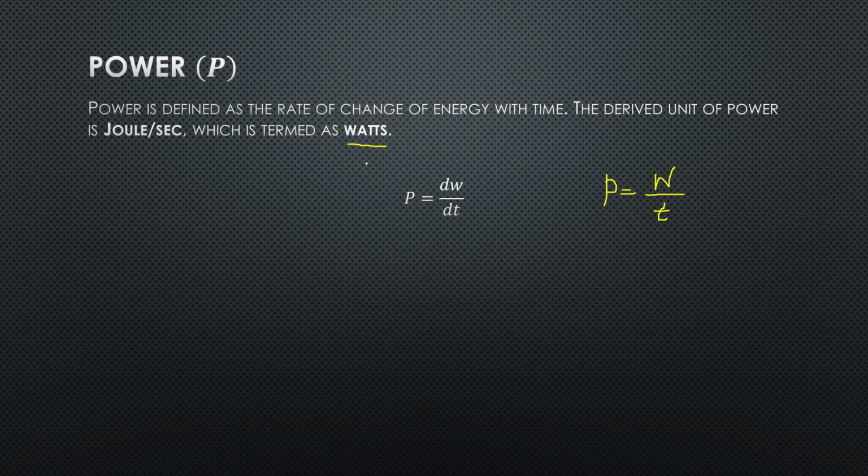And if current, voltage, and resistances are given in the circuit, you can use this formula. So that is voltage multiplied by current, and the unit is watts. So from this formula, P is equivalent to VI.